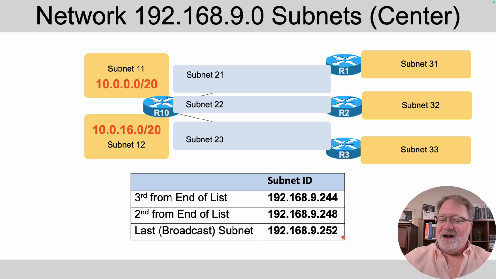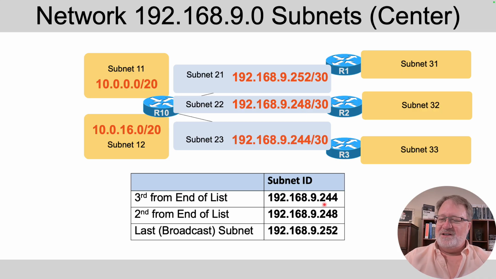So the numerically highest one is at the end of our reference table there. Our instructions said give that to subnet 21, the one that ends in 248 to subnet 22, and the one that ends in 244 as the location for subnet 23. Again, I'm just matching up to what the instructions said in the exercise.